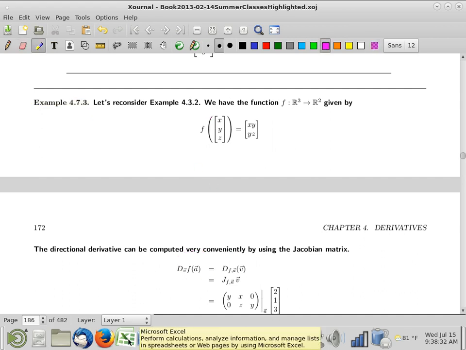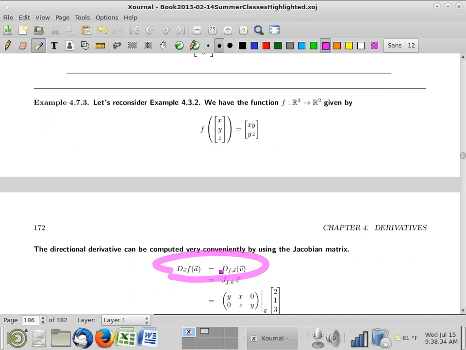So as usual, I can compute a directional derivative with the derivative transformation. The function's continuously differentiable, therefore differentiable. Derivative transformations are evaluated with the Jacobian matrix. The Jacobian matrix is made up of partial derivatives. So one column at a time, let's compute this Jacobian matrix. The first column comes from taking partials with respect to the first variable.